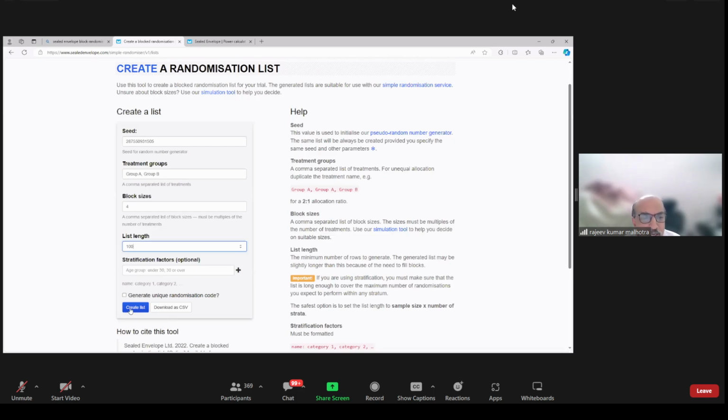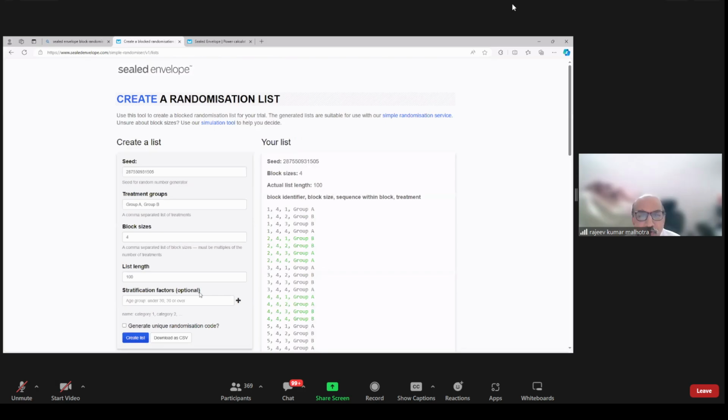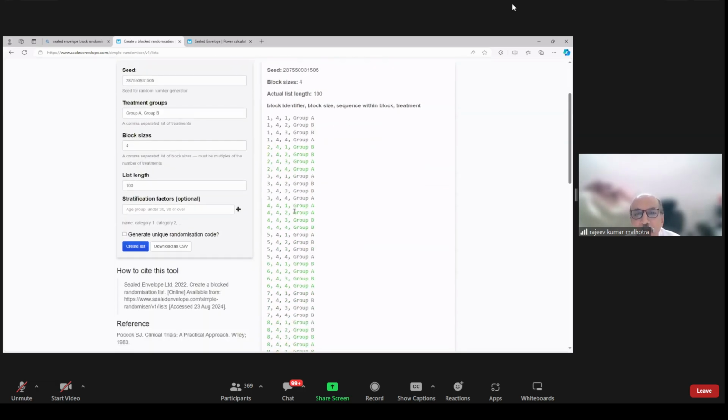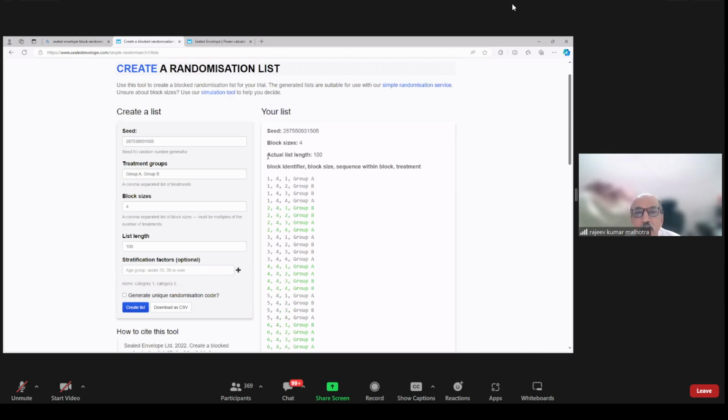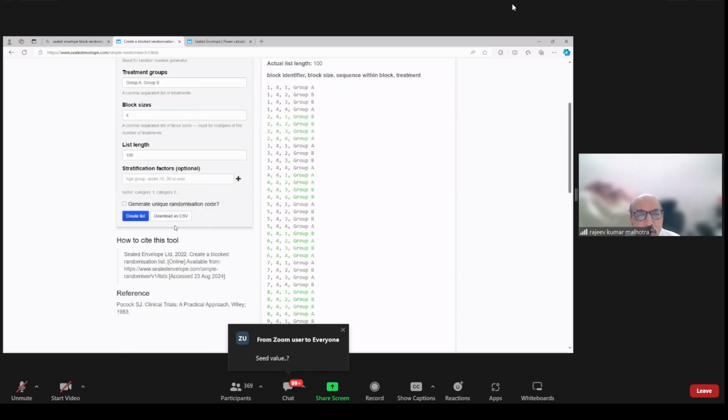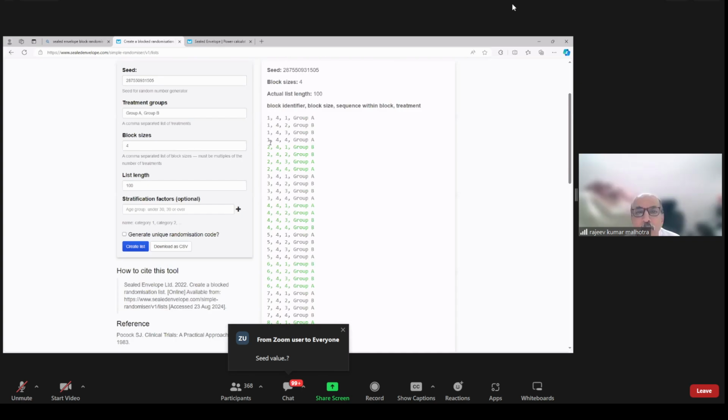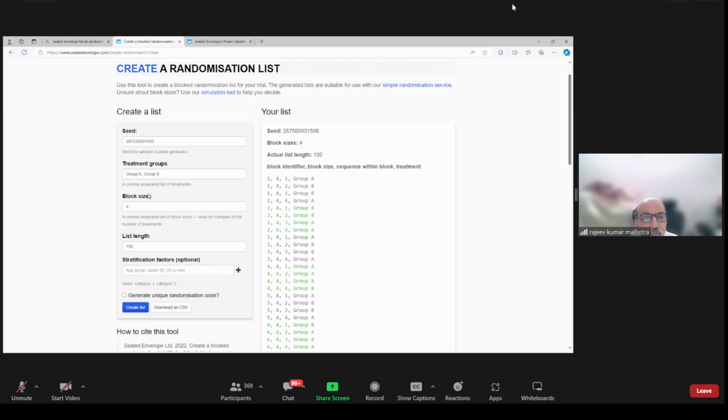You enter and clear the list, and you will find the list appears. 100 is the length, block size is 4 and the seed number is this one. You can download it into Excel using this download CSV. So here is the block number. In this block of size 4, patients 1, 2, 3, 4 are assigned, and this is the group. So here is the fixed block size.